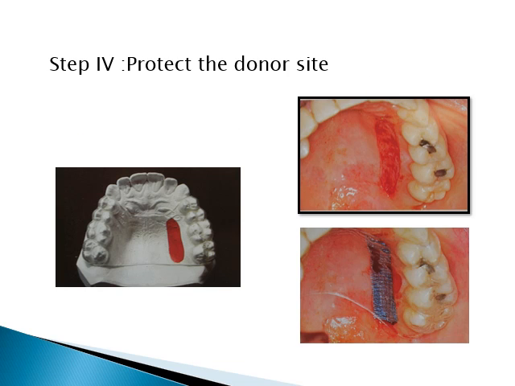Return again to the donor site. We use an acrylic stent for the area of the graft at the donor site. Cover the area with gauze with analgesic to prevent pain for the patient and prevent pressure of the stent, prevent bleeding, and prevent pain and discomfort during eating.